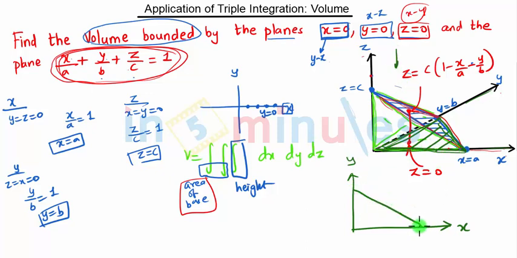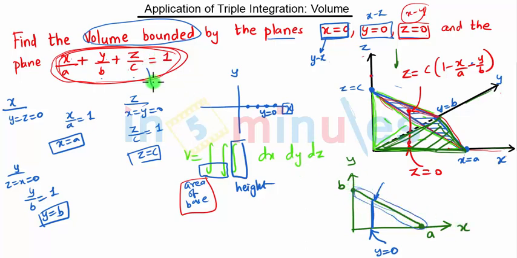This point on the x-axis is a, and this point on the y-axis is b. We have to find the area of this part, that is we have to cover this area to find the limits. So we will consider one strip parallel to the y-axis. The lower end of this strip is on the x-axis, so y is equal to 0. The upper end of the strip is on this line. What is the equation of this line?